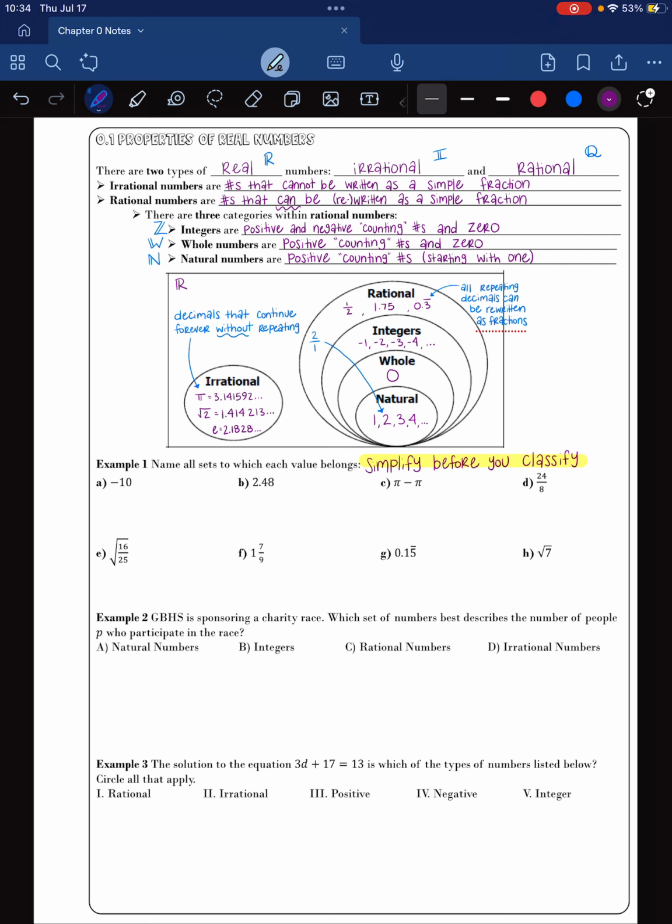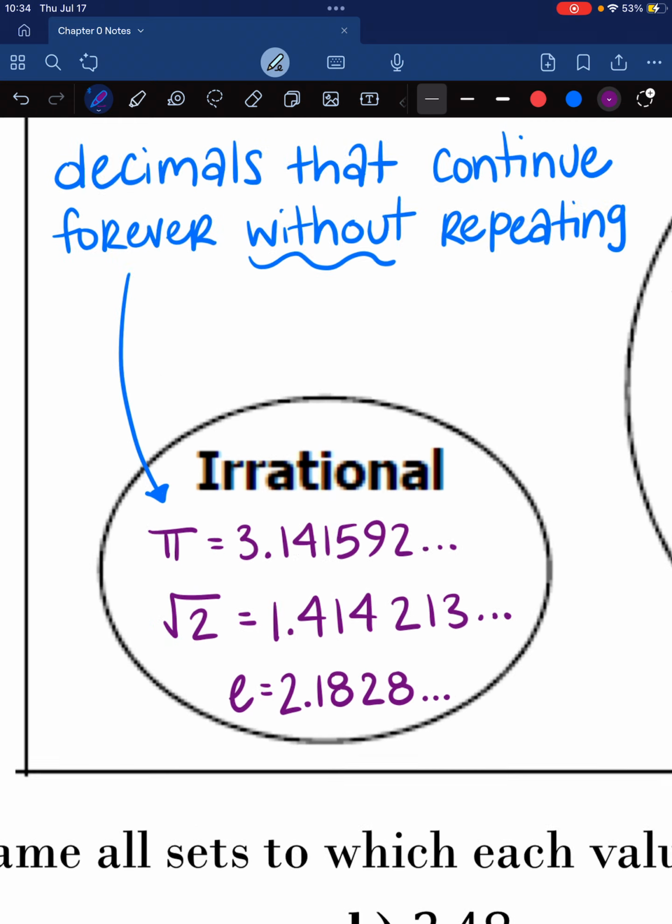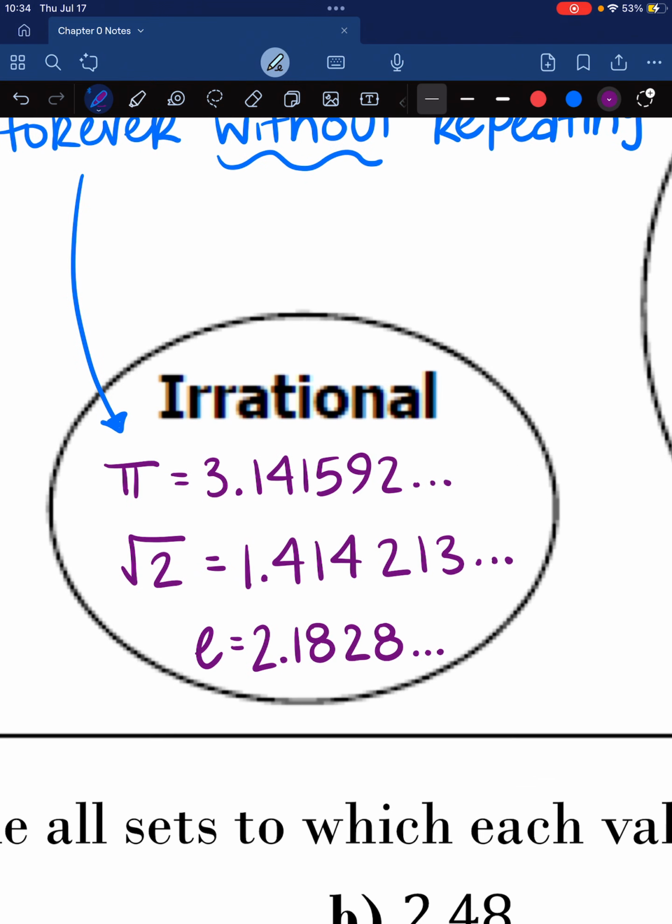The opposite of rational would be irrational, a number that we can't rewrite as a simple fraction. You can see some examples over here, numbers like pi and square root of 2. You'll notice we often use things like pi or this letter E, which we'll talk about later this year. We use symbols for those irrational numbers because they're not nice, pretty numbers that we could represent as a fraction.